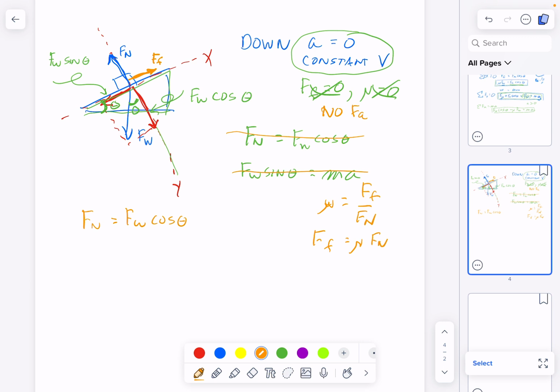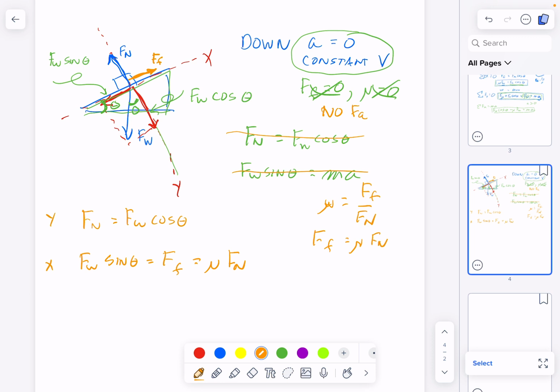The next thing we're going to do, this is going to be in the y direction. In the x direction, we have no acceleration, so this means that the force pulling it down, which is Fw sine theta, must equal the force holding it back, which is the force of friction, and the force of friction equals mu times the normal force.